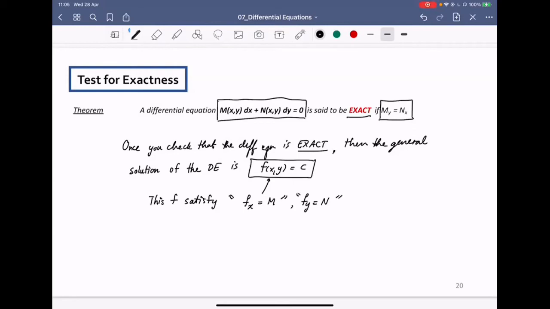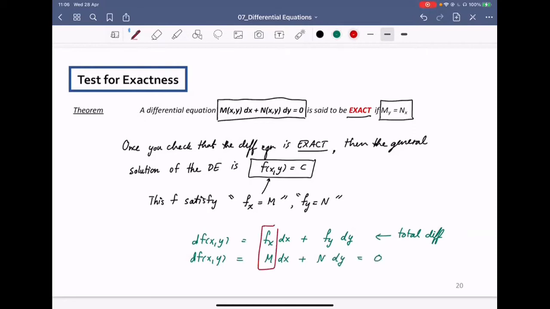The reason is that df is f subscript x dx plus f subscript y dy, by the total differential that you learned before. And then you also have M dx plus N dy equal to 0. So these two things must be equal to each other.